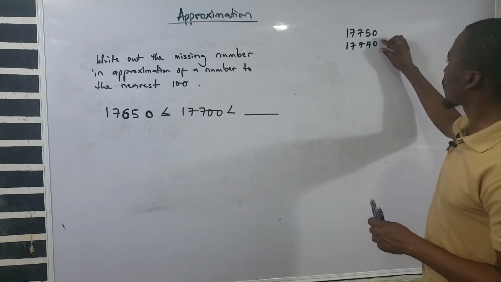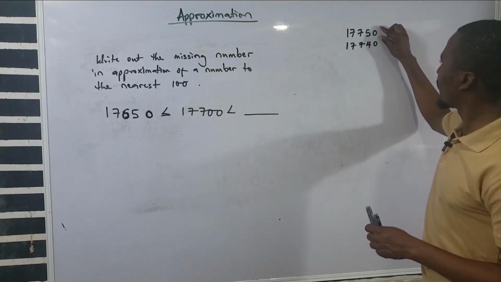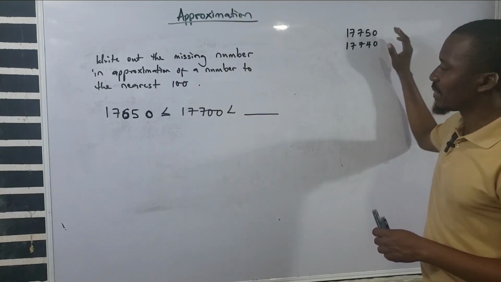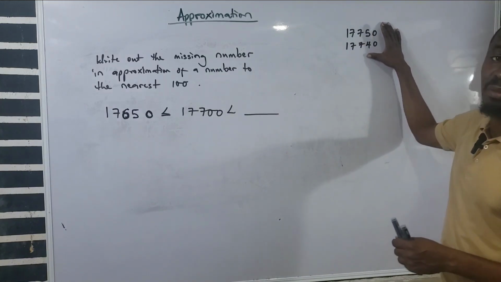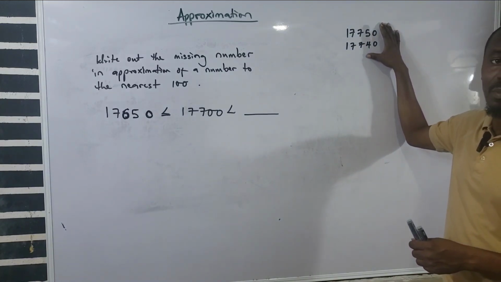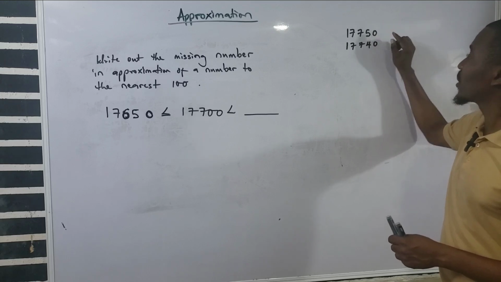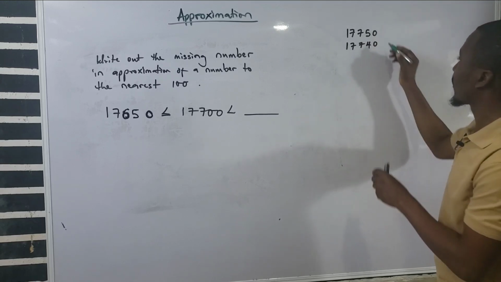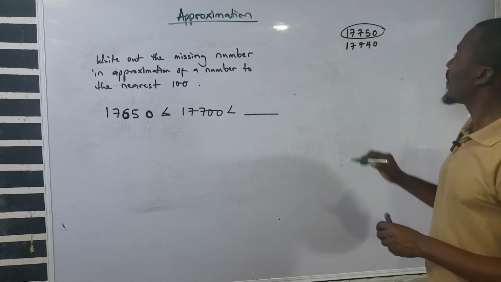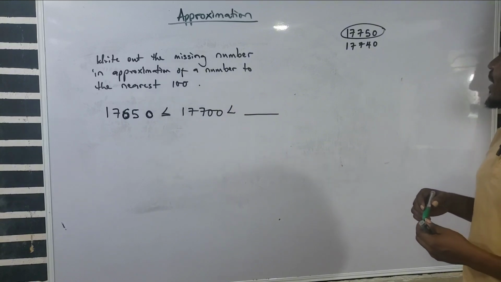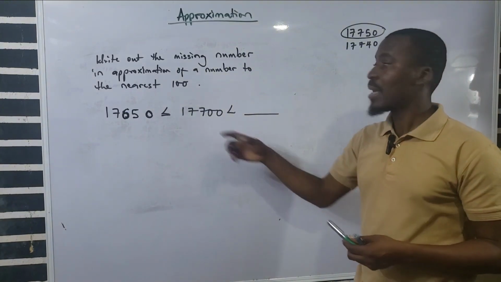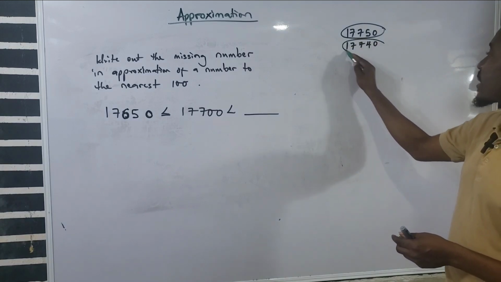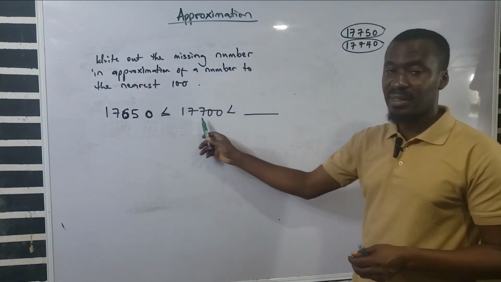Which one of these two is going to perfectly fit in here? It has to be one of these two. But if you look at this one here, if I approximate this number to the nearest 100, I'm not going to get this. If I approximate this one to the nearest 100, I'm going to get this.